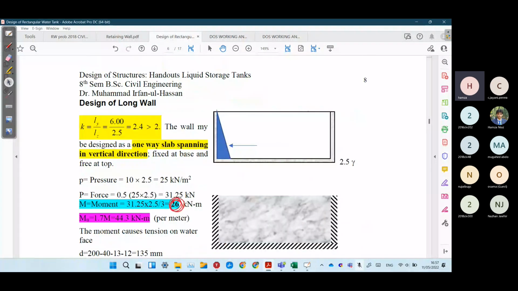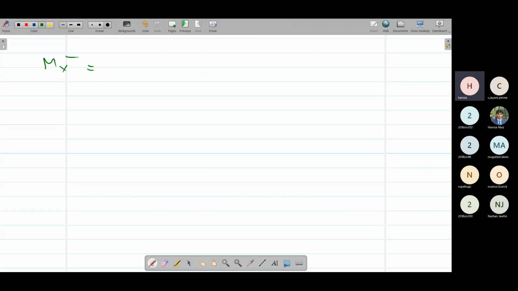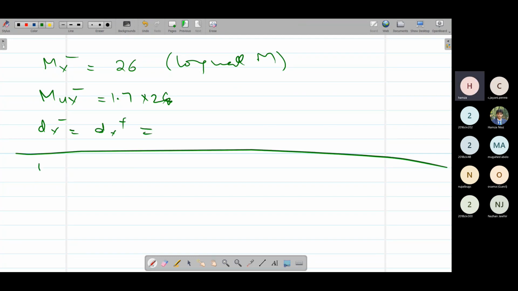Whatever the moment in the long wall was, we can simply take that value for negative moment. And Mux negative would be 1.7 into 26. And dx negative is the same as dx positive. That is simply that. And you can design this by ASD and USD, both methods.